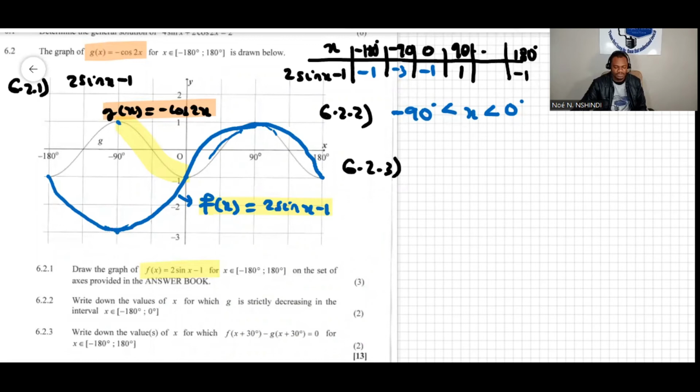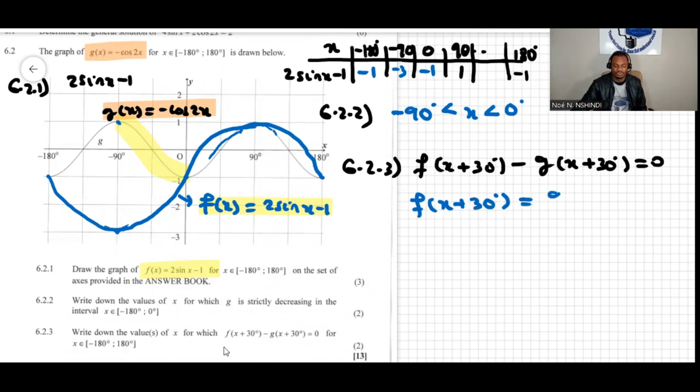I was thinking out loud: g of x plus 30 degrees equals 0, okay? So this simply means that f of x plus 30 degrees equals g of x plus 30 degrees. That's the meaning of this. Now, how can we find the values of x?